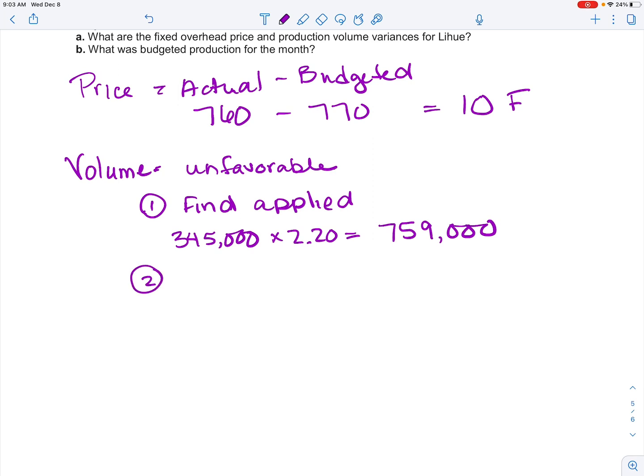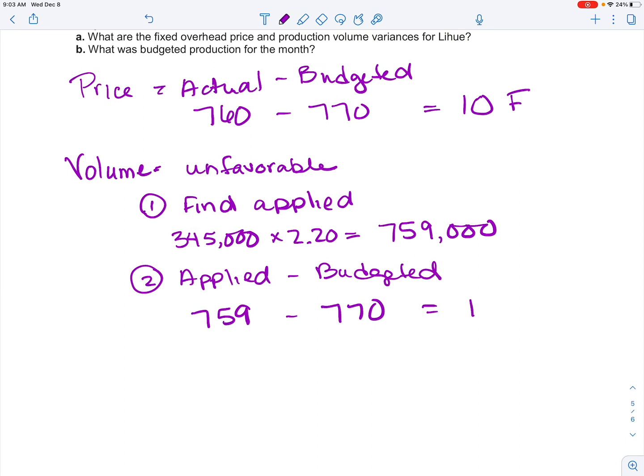Then I'm going to look at the difference between applied minus my budgeted. So I take 759, subtract that 770, that's 11,000 unfavorable.